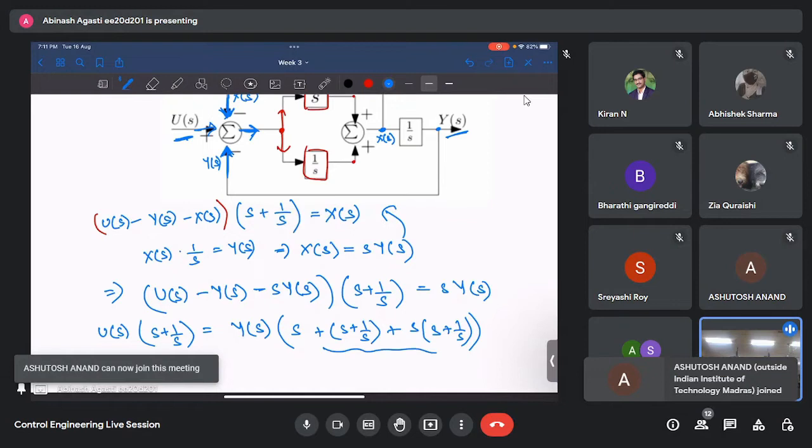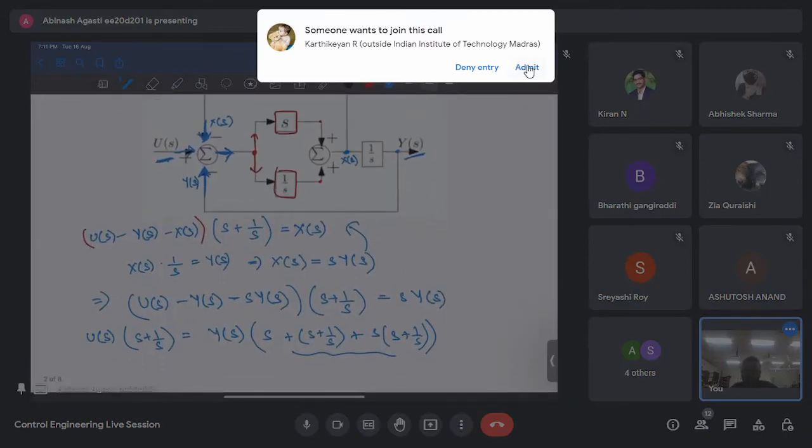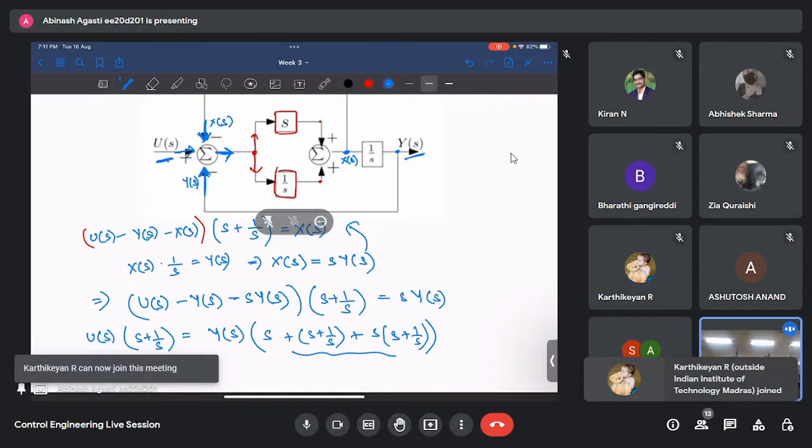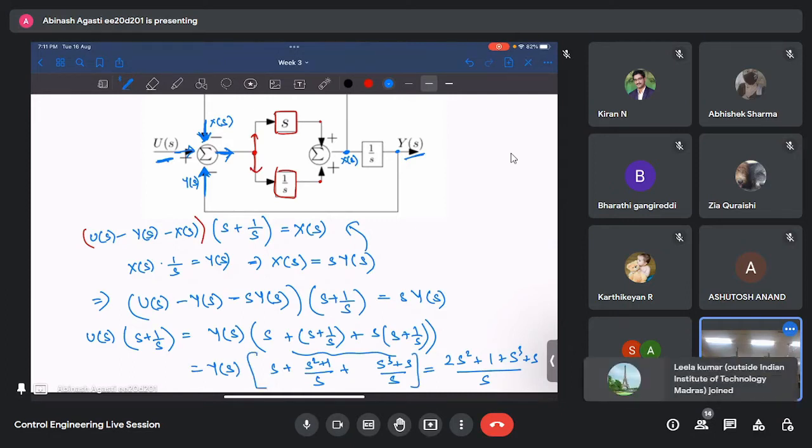So this thing becomes s plus 1 by s, and on the left hand side we have s square plus 1 by s.